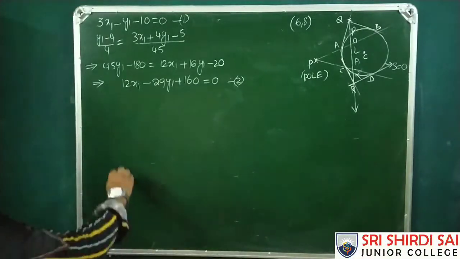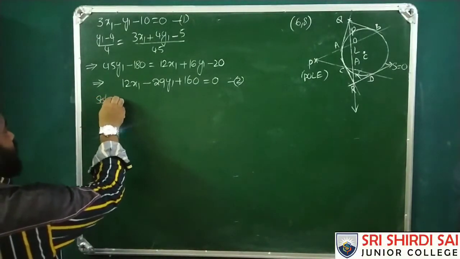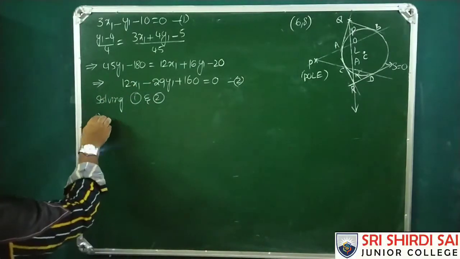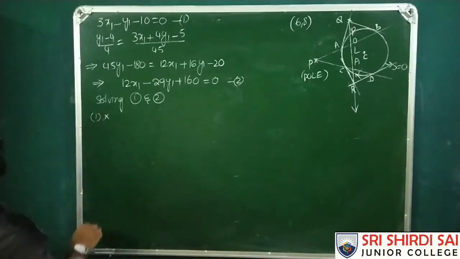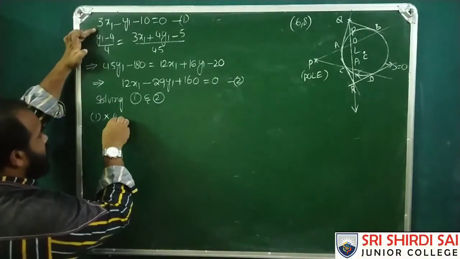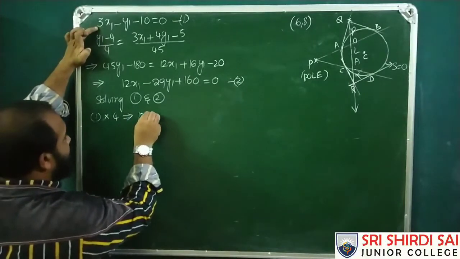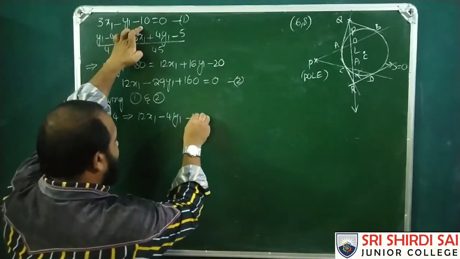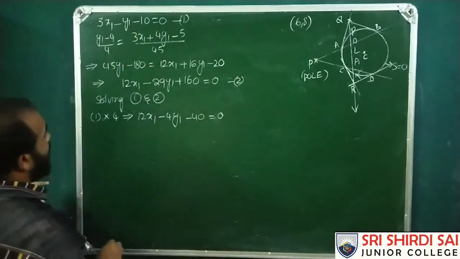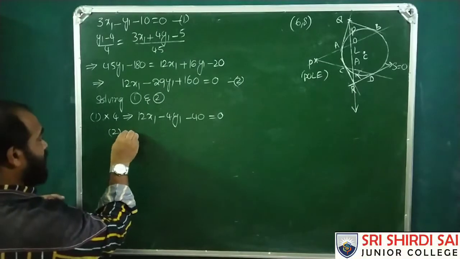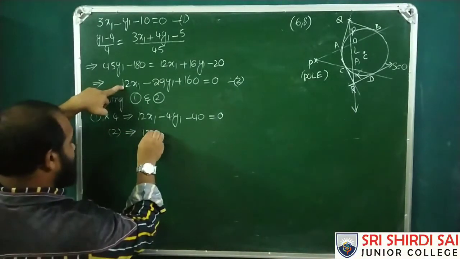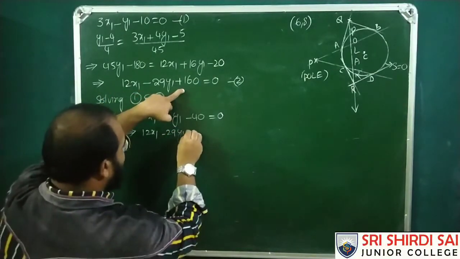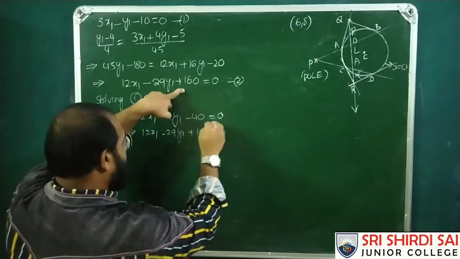Now solving 1 and 2. So the first equation I'll multiply with 4. Then 4 3s are 12x1, 4y1, 4 10s are 40 is equal to 0. And the second equation is 12x1 minus 29y1 plus 160 equals to 0.